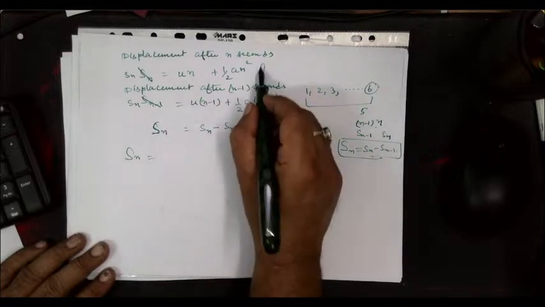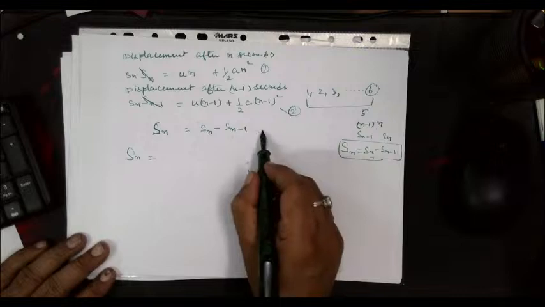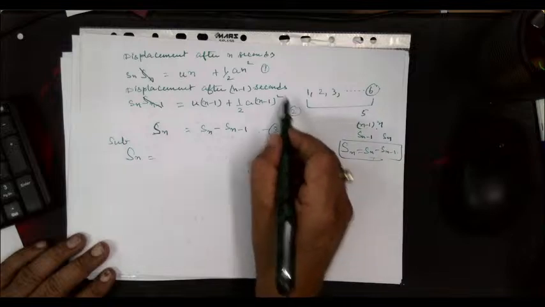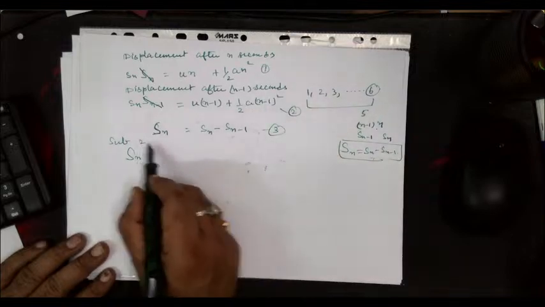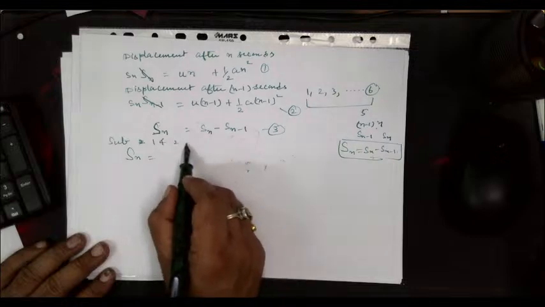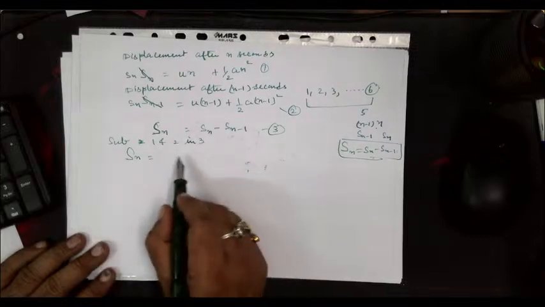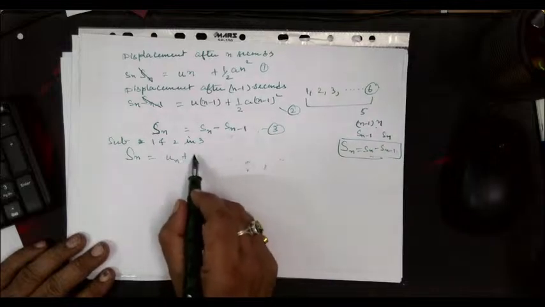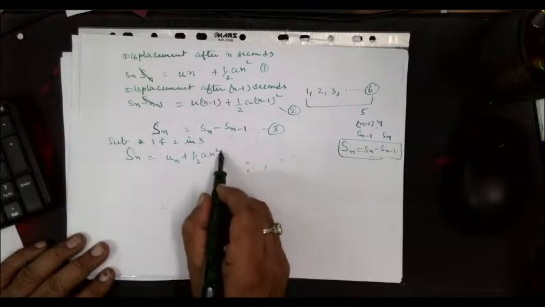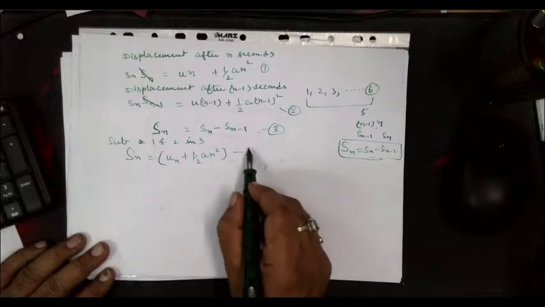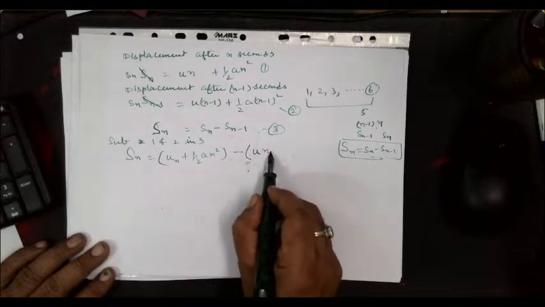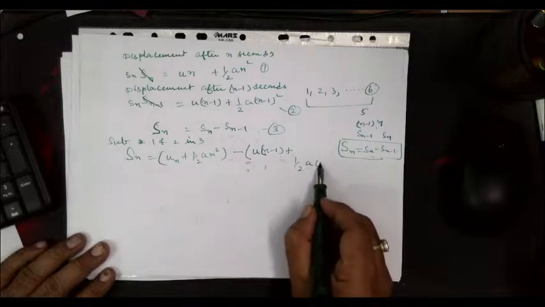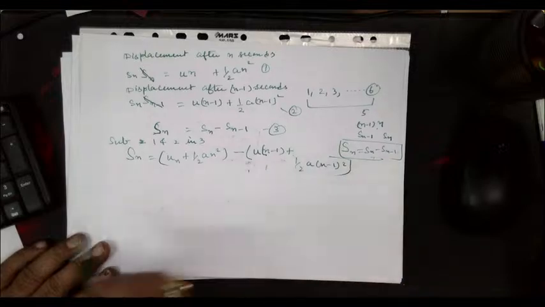This is first equation, this is second equation, this is third equation. So substitute 1 and 2 in 3. Therefore sn is equal to un plus half an squared minus, and what about this, u into (n minus 1) plus half a into (n minus 1) the whole square.